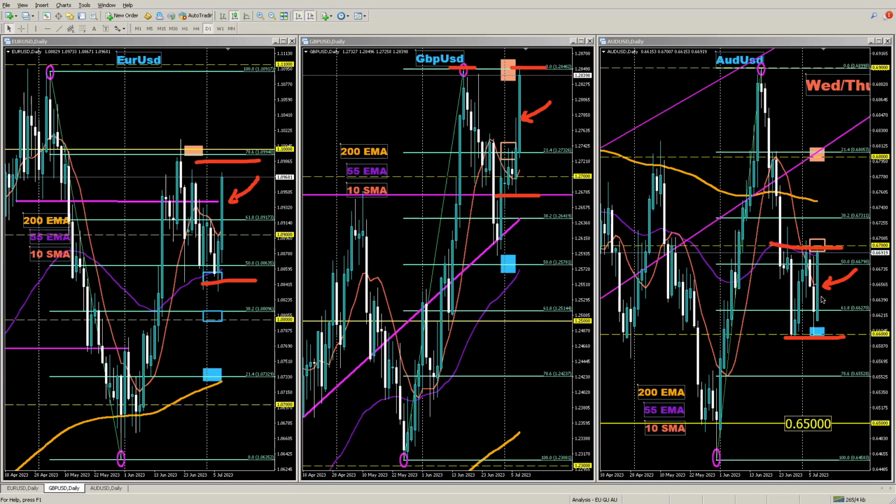And let's take a look at the key drivers for last week, including the RBA rate decision and the FOMC meeting minutes, and also take a look ahead at what's going to be the key fundamental drivers this coming week.